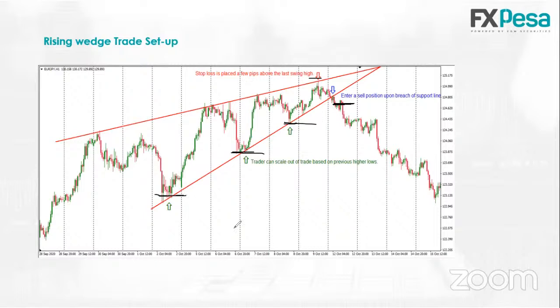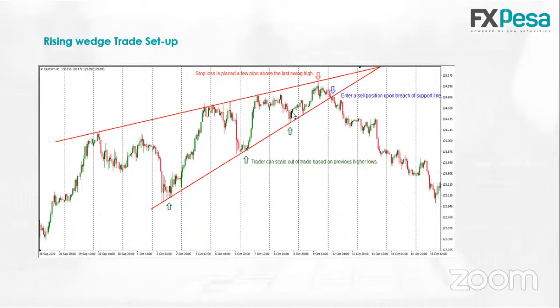If you decide to scale out of that trade by closing it partially, then you can use those previous lows to exit, because as you can see, with this setup, that movement was sustained for quite some time, and you could have maximized on that movement by scaling out of that trade. So it's always good to close the trade partially when you're targeting to hold the trade longer, so that you can minimize the risk you might be holding with that trade.